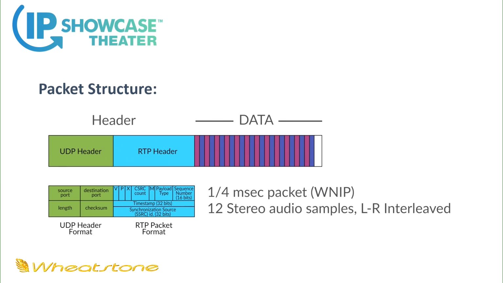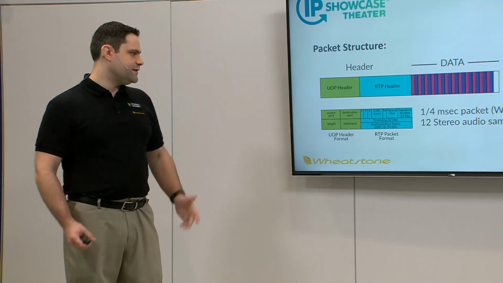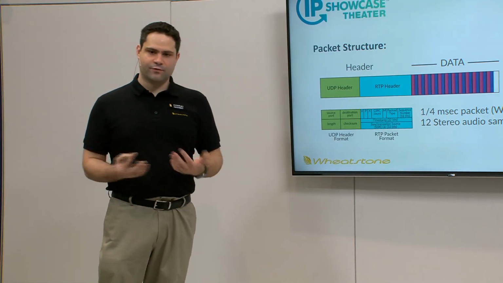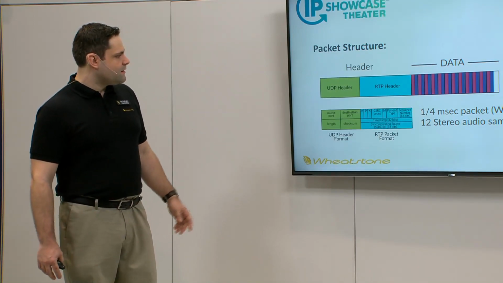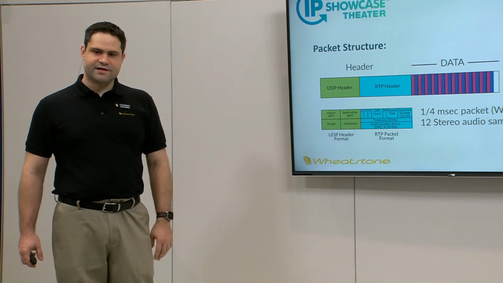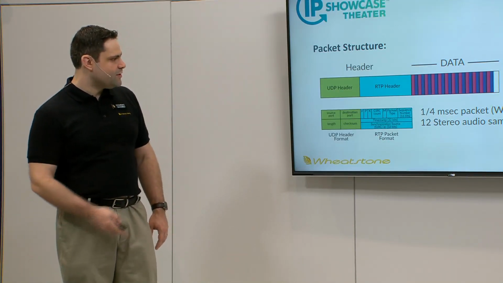And then you have the RTP header, which gives you the timestamp that's based off of the PTP time. This allows you to know when this packet was generated and synchronize its playout. There's also a sequence number in the packet that's useful in case you're in a network where there are out of order packets. They can be reordered at the receive side, as well as telling you whether there's any packet loss in the network. You'll see discontinuity in the sequence number.